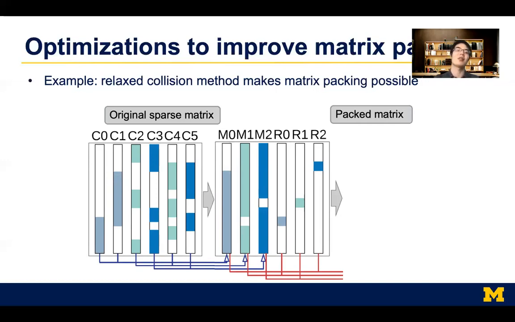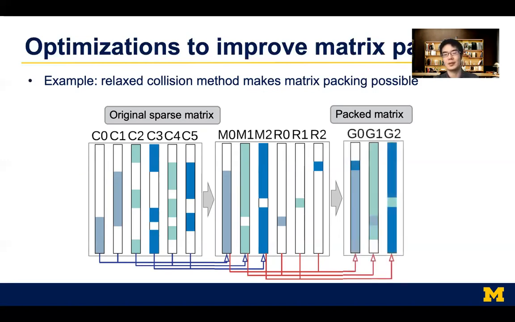If you apply another round of column merging, these collided entries can be packed onto M1, M0, M2, which creates more condensed packed matrices. This helps to improve the density of the packed matrices when the density of the original sparse matrix is high.